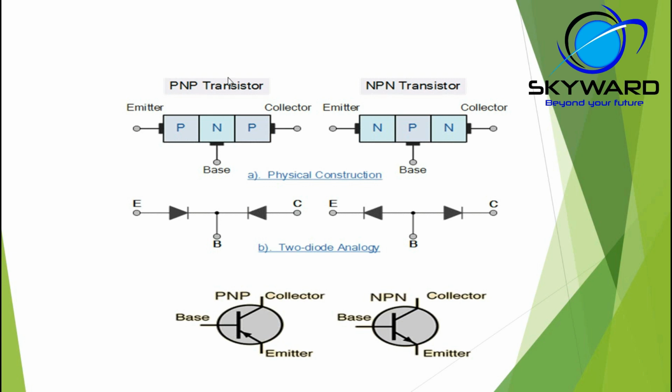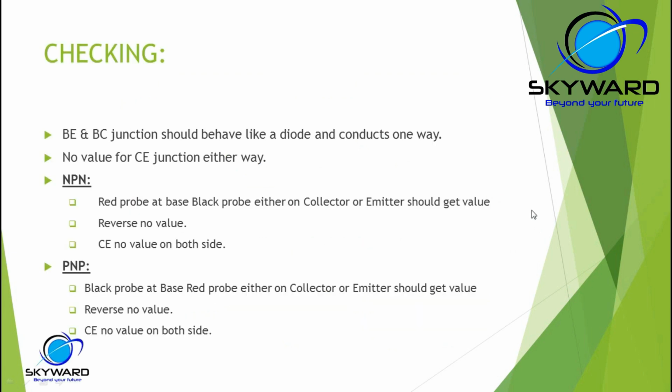This is the way of checking a transistor as well as a dual diode. In the case of NPN, it is just the reverse. When we put the black probe on emitter and the red probe on base, the value will come. When we reverse the probes, no value will come. Here also, collector and base. So this is the checking process.